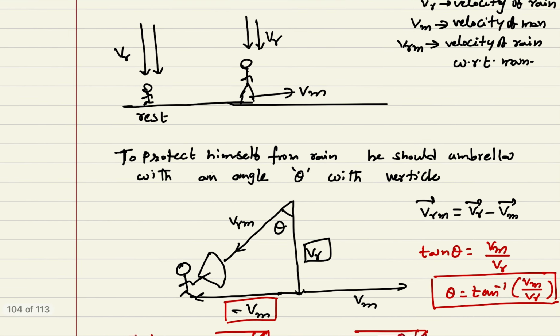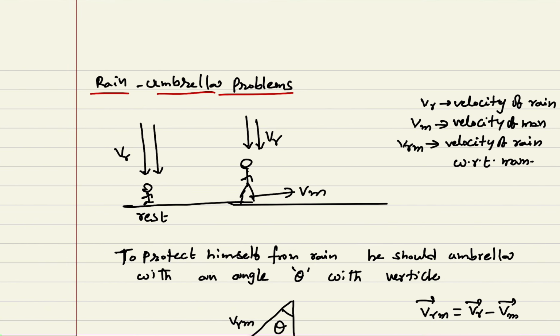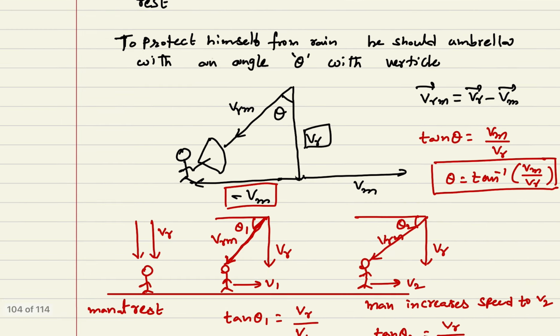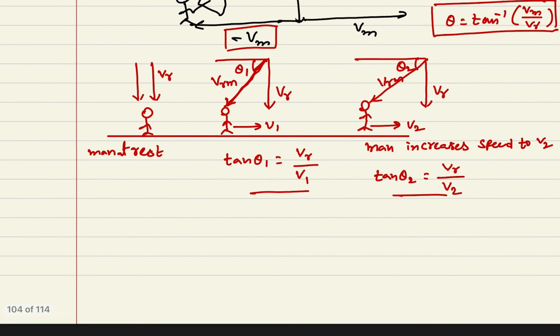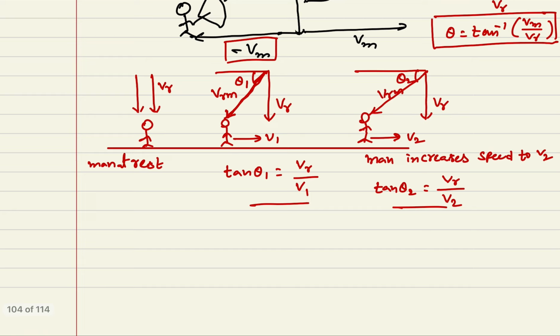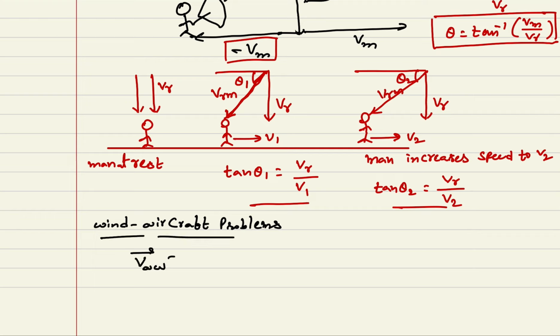Okay. Next one, wind and aircraft methods are there. I will just write the relation here. Wind aircraft problems. Same process, velocity of aircraft with respect to wind can be written as velocity of aircraft minus velocity of the wind.